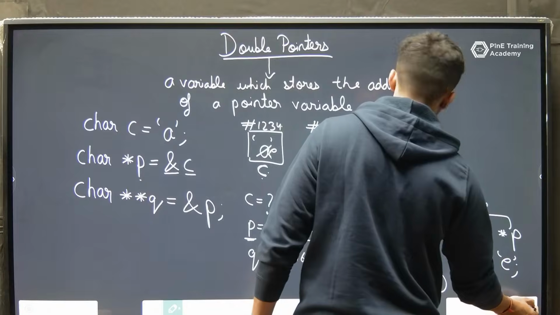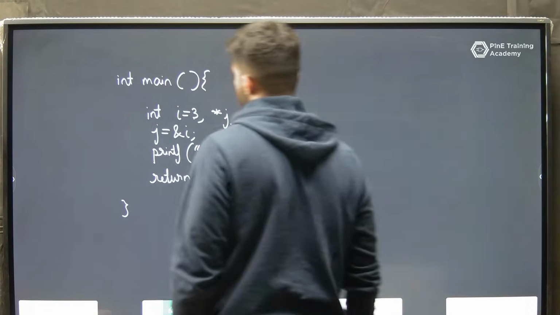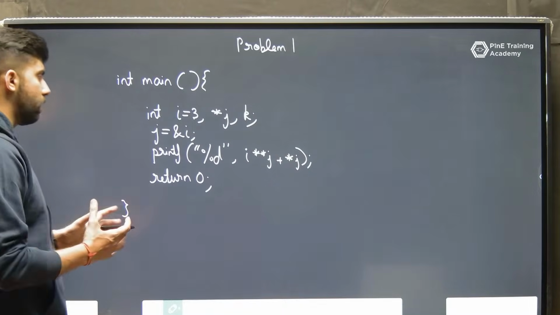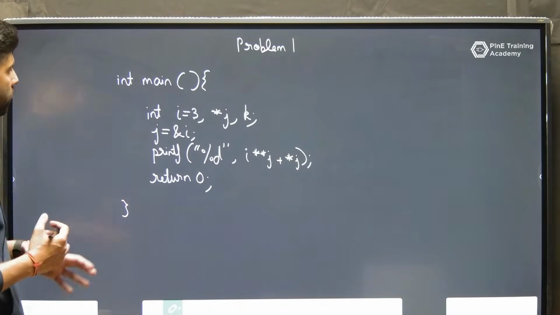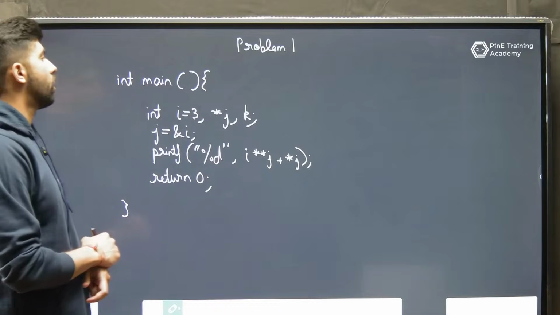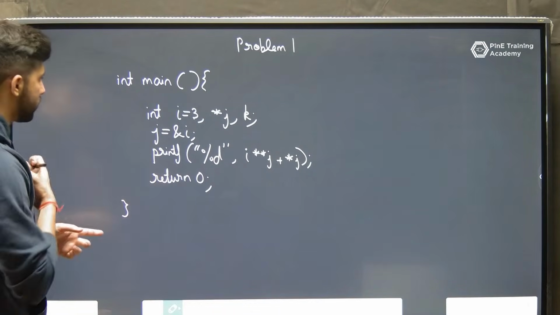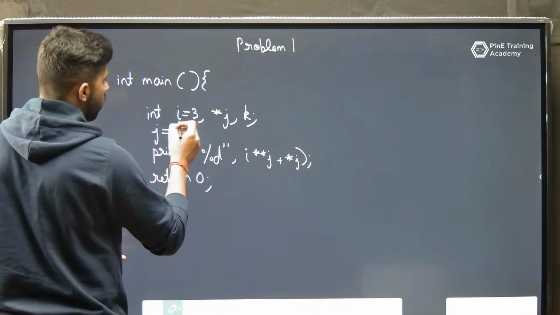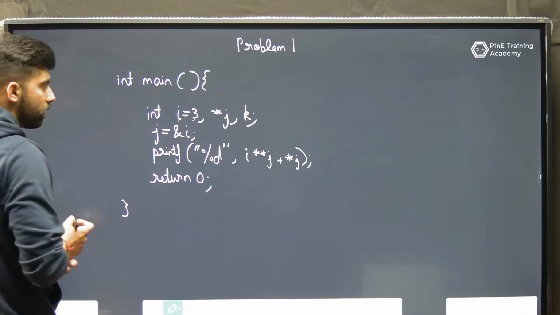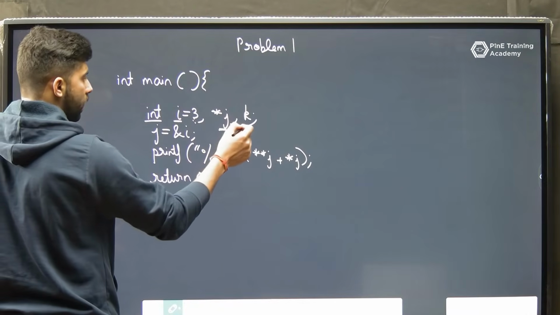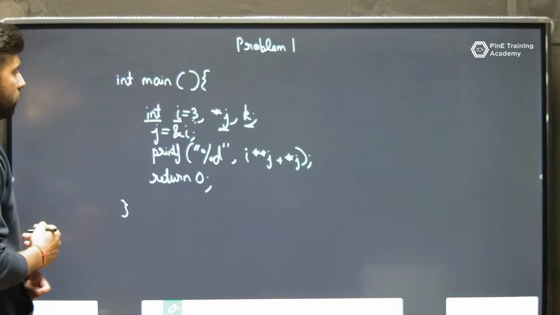Now let's move to next topic. I have written very simple problems. We can discuss these to get a clear idea on what pointers are. I is equal to 3, right? I am declaring a normal variable 3, a pointer j and a k.